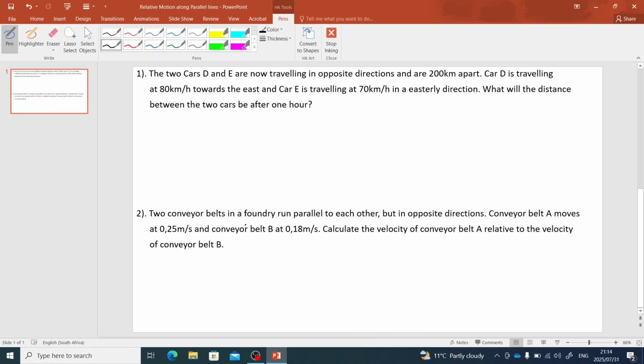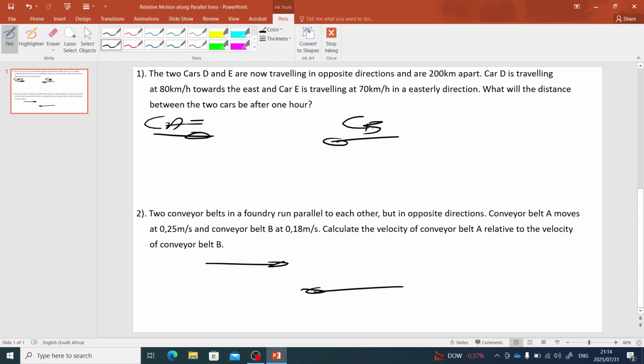Two conveyor belts run parallel to each other, but in opposite directions. That means this one is heading that direction, the other one is heading that direction. All right, conveyor A, VA that direction; conveyor B, VB that direction.